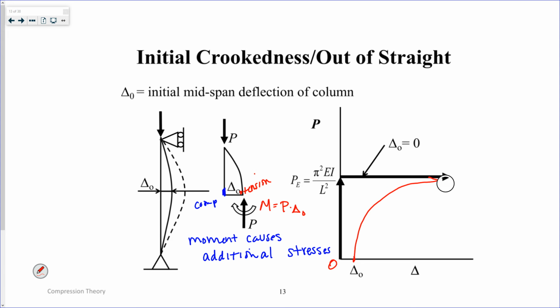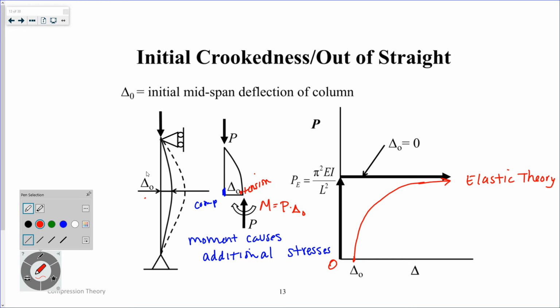It'll eventually get there and buckle, but it's not going to take the same path. And that is assuming it's elastic, and we're just starting with some already horizontal deflection. What's really going to happen is those stresses due to the moment are going to cause different behavior, and it's going to go like this.